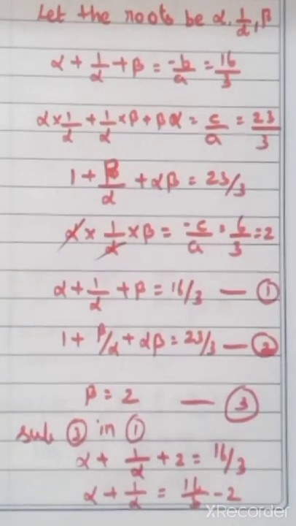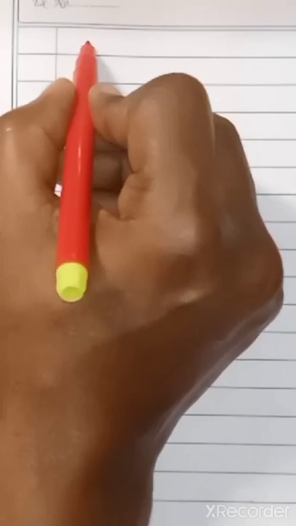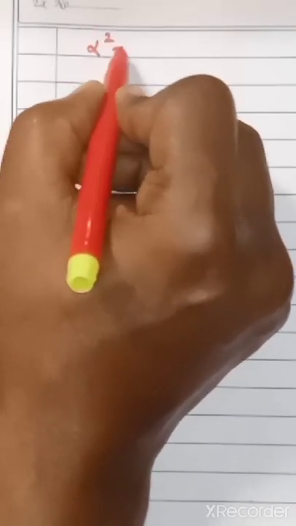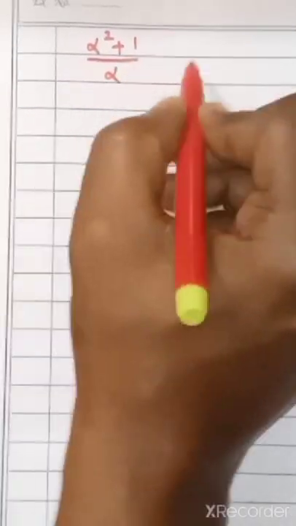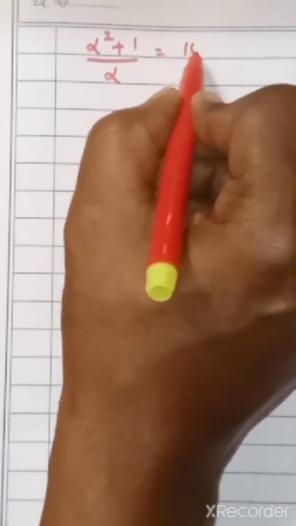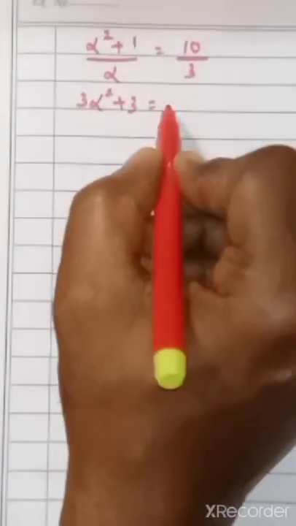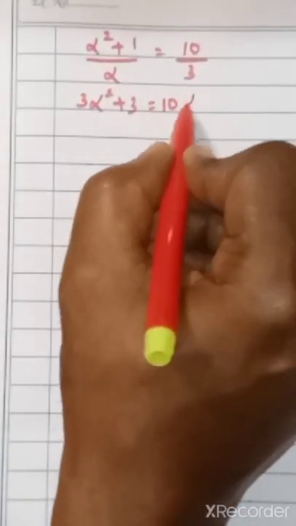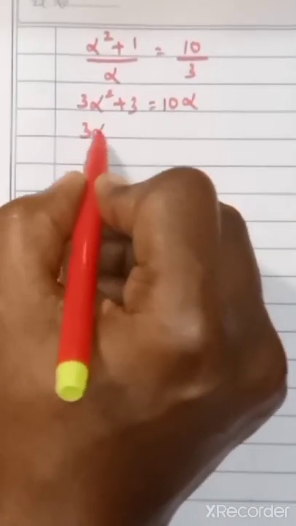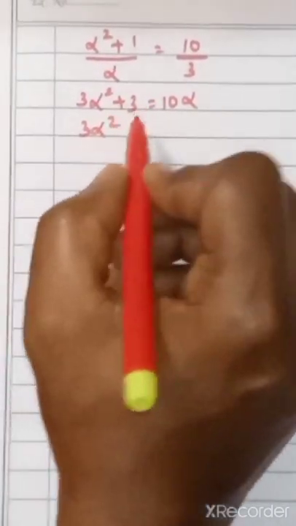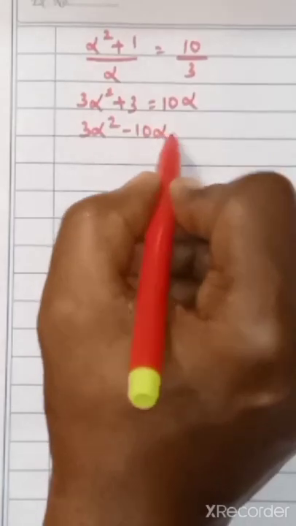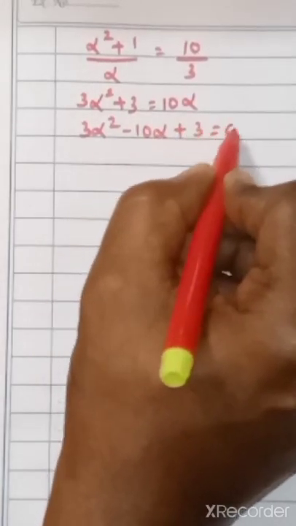So இது LCM எடுத்து we have to simplify. So what we will get, alpha plus 1 by alpha எப்படி எழுதலாம்? Alpha square plus 1 by alpha equal to, அந்த பக்கம் simplify பண்ணம்னா 10 by 3. திரும்ப இதை cross multiply பண்ணம்னா 3 alpha square plus 3 equal to 10 alpha. திரும்ப எல்லாம் ஒரே equation எடுத்தோம்னா 3 alpha square minus 10 alpha plus 3 equal to 0.